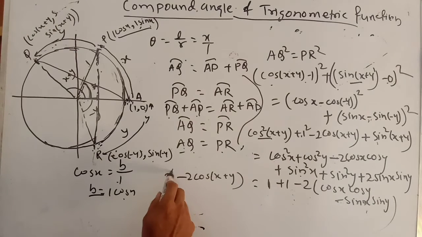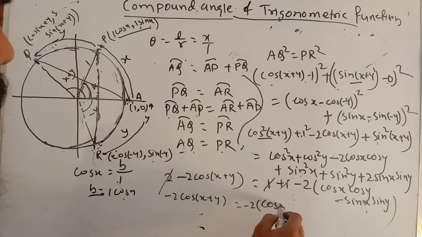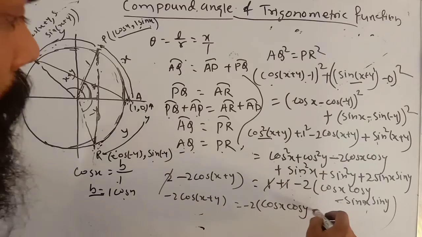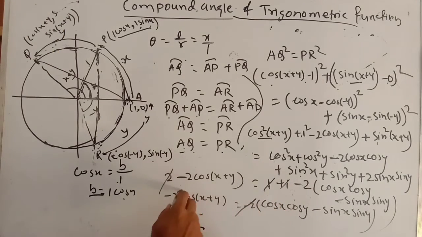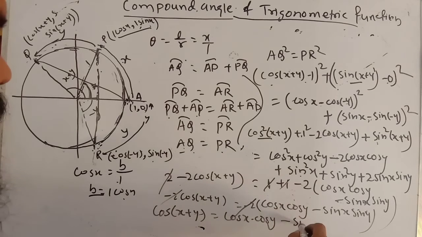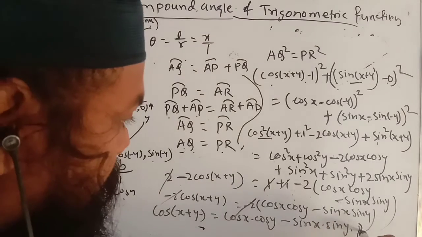After that, the 2 cancels, and minus 2 also cancels. So it is proved: cos(x plus y) equals cos x cos y minus sin x sin y.